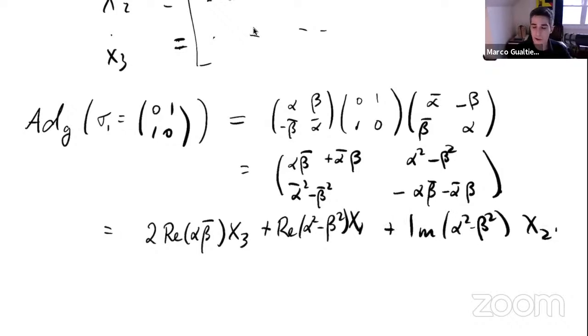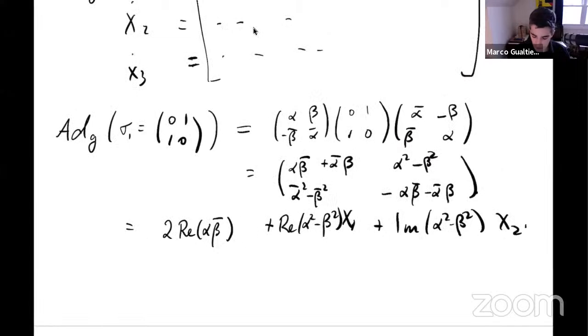So I've just expressed it in terms of the Pauli matrices, sigma 3 and the others, which are just multiples of the xi's from last time.